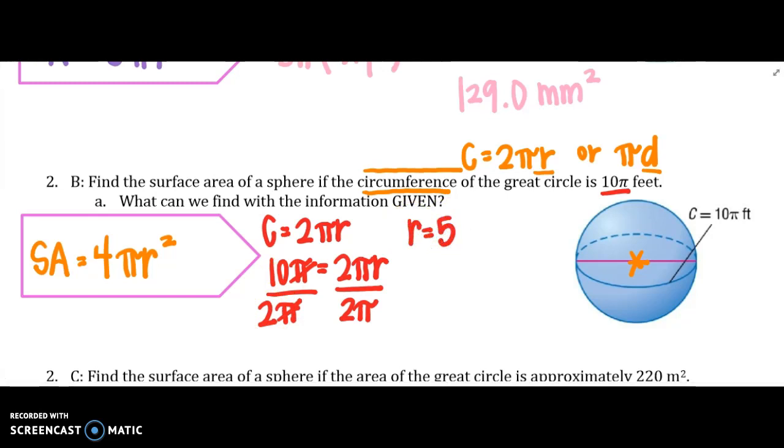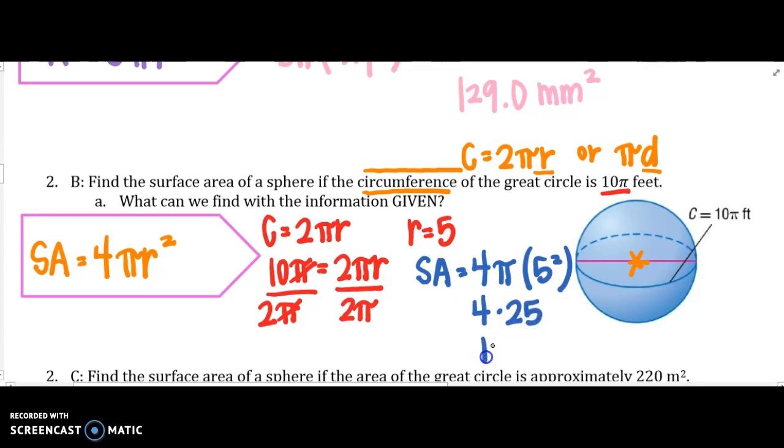Now I can plug into my surface area formula: 4 pi 5 squared. So 4 times 25 gives me 100 pi. You can leave it as that in feet squared, or you can simplify it to 314.2 feet squared. Either answer would be acceptable.